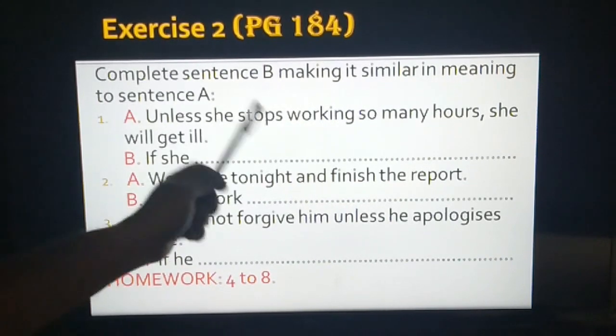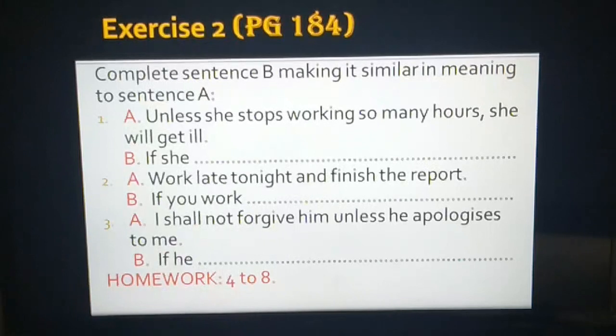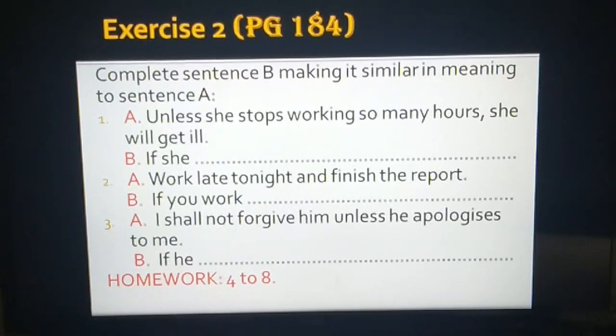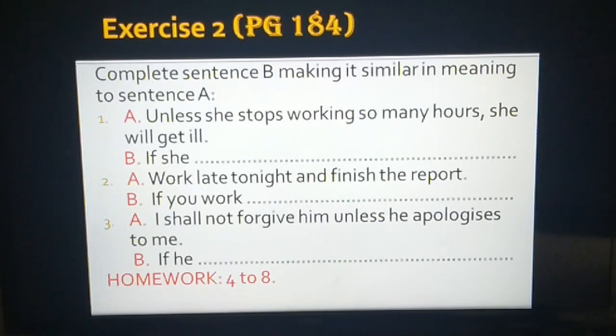So, unless she stops working so many hours, she will get ill. What is the answer for this? If she does not stop working so many hours, she will get ill.